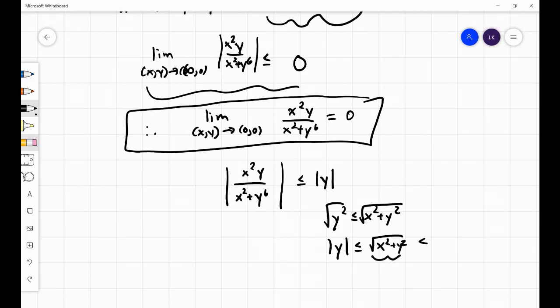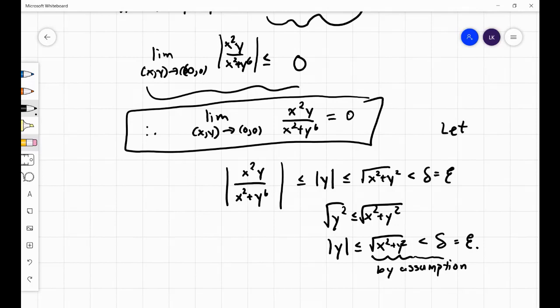And we would want to make this less than delta by assumption. So we're assuming we're sufficiently close to the origin. And we can simply let delta equal epsilon, and you would get your inequality, your epsilon delta proof. So it would be sufficient to define epsilon to be equal to delta in this problem. Okay, but I just realized maybe squeeze theorem seems a little bit easier to think about than epsilon delta.